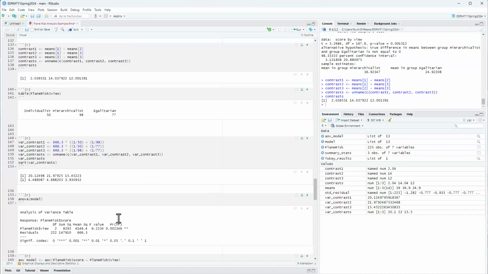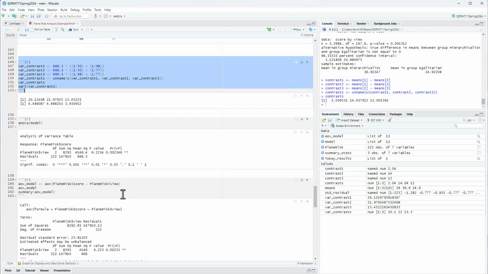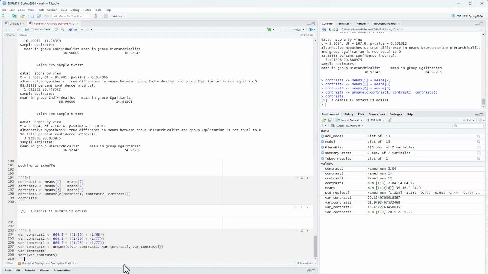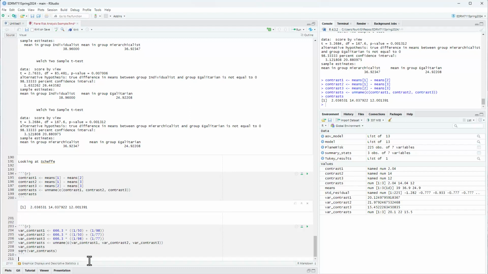Well, the other piece we did up here before, when I was teaching about the contrast, is that we took the variance of the contrast and notice that we created these variances of contrast using a mean square error. That is, we assumed the same error within all our conditions. So here I was comparing the first two conditions. Here I was comparing the first and third. So this is, let's see, individualist against hierarchicalist. This one was individualist against egalitarian.